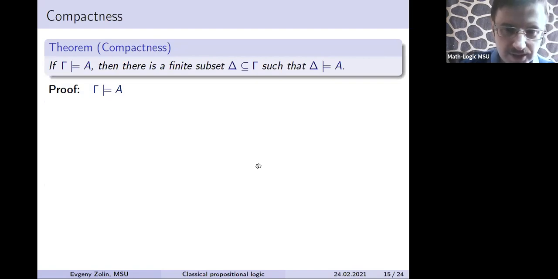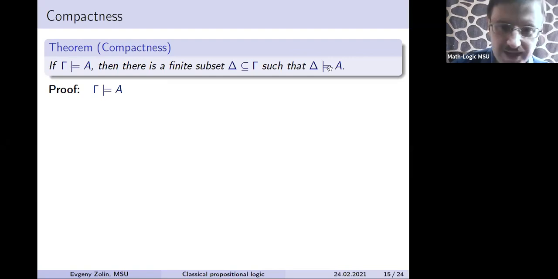From this strong completeness theorem, the following important fact follows. It is called compactness. If A follows from gamma, where gamma is possibly an infinite set of formulas, then A follows from some finite subset. So this statement is about formulas and evaluations.